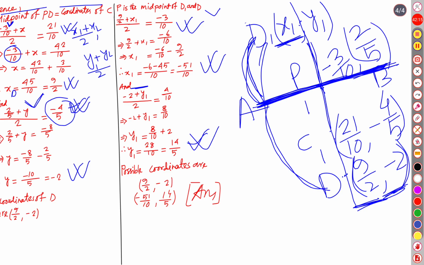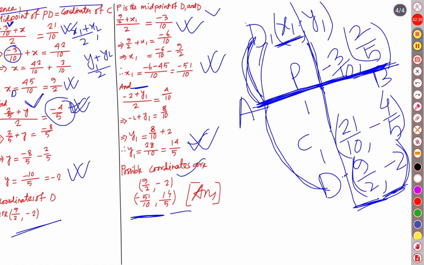Then the possible coordinates are: the first we have already obtained, 9 over 2 and negative 2, and the second possible value is negative 51 over 10 and 14 over 5. Before I end, I want to retell this concept again.